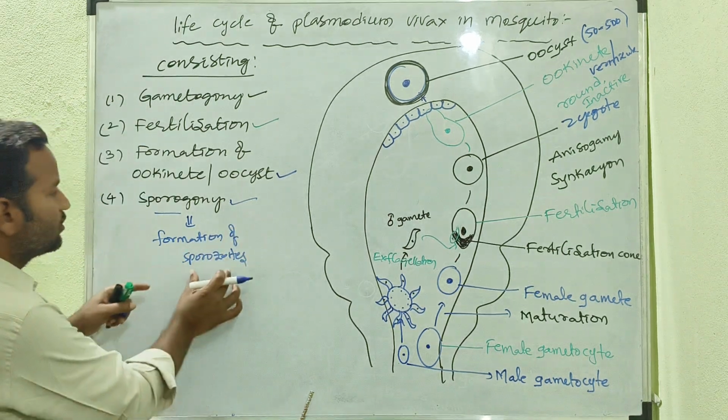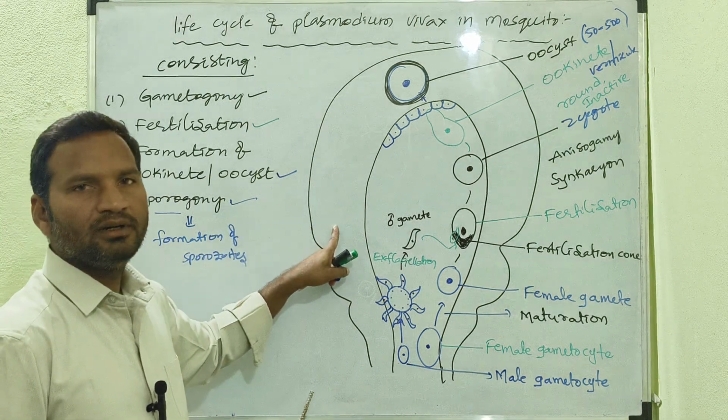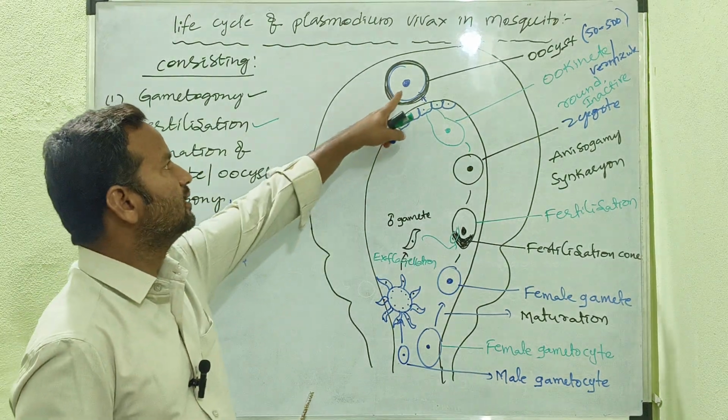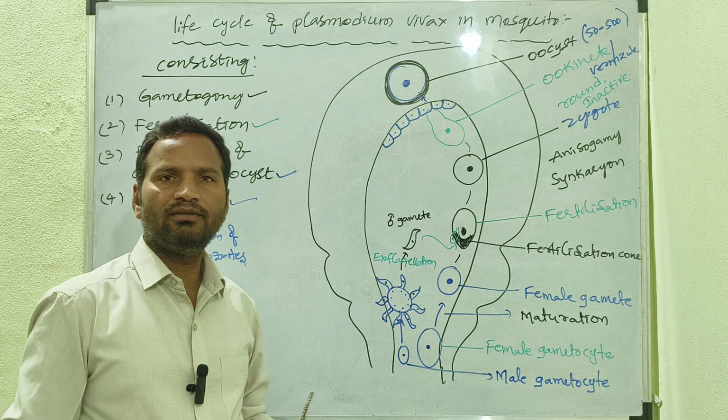Now, let us see how the sporozoites are formed in this process. Yes, this is the nucleus, you know very well.